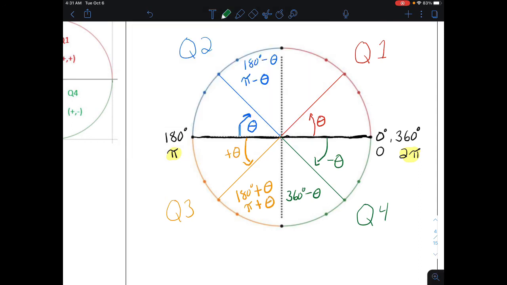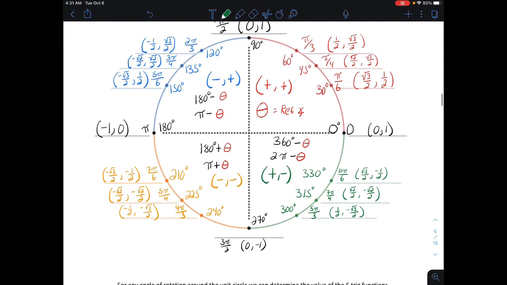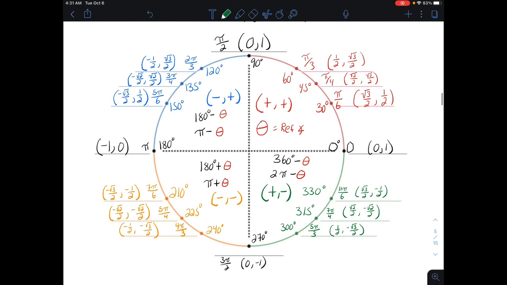In quadrant 4, instead of being 360 minus our reference angle, it would be 2 pi minus our reference angle. And so we apply that knowledge, and then we can fully write our unit circle with the reflections and by applying the reference angles, and we can get all of our points and their corresponding coordinates around our unit circle.